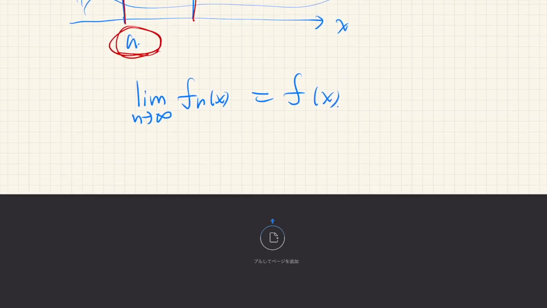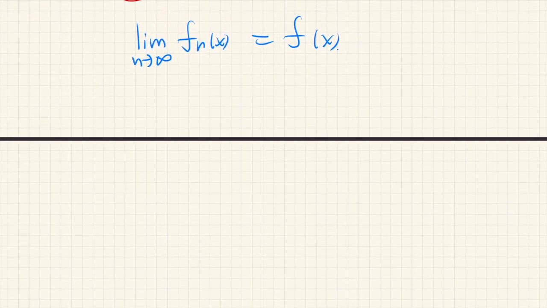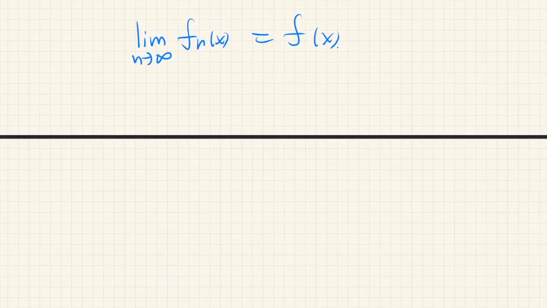On the other hand, we have another definition of convergence of a sequence of functions, that is uniform convergence. So maybe we should just write a logical form to contrast the difference between the two definitions. That is uniform convergence.